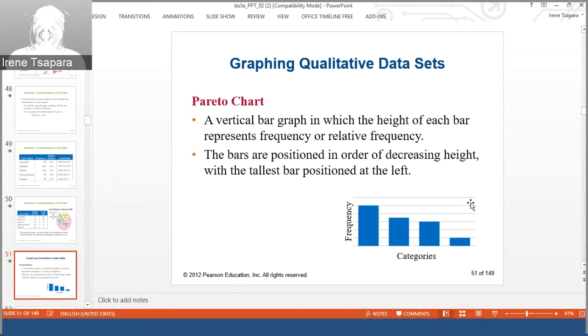We can have Pareto bar graphs, but we cannot have Pareto histograms, right? Because the histogram gives you the range. The range has an order by itself. You cannot just move around the classes. So Pareto charts work only for bar graphs. Now I'm saying that because I see this beautiful thing in Excel that creates Pareto histograms. That is unacceptable.